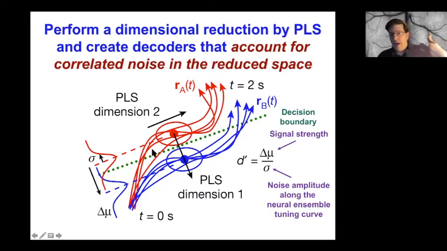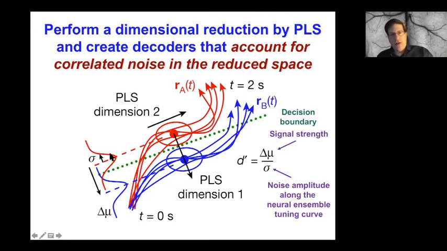So you can make a decoder, a linear decoder, as we did. This dotted green line is the schematized decision boundary. And the fidelity with which you can categorize the two stimuli can be assessed by this quantity d prime, a common metric in statistics, which is given by this factor delta mu, and that is the distance that separates these two distributions.